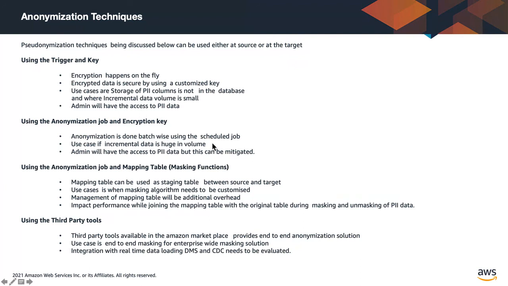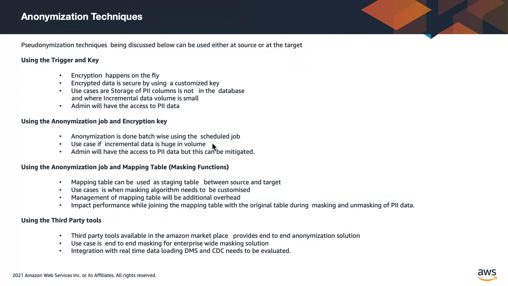In that case, we can go with the second option, which is running an anonymization job and the encryption key. We will run this job on a schedule, like every half an hour, on those PII tables, and create the anonymized values for the different PII data, and those data will be transferred to the tables which are being consumed by the users.